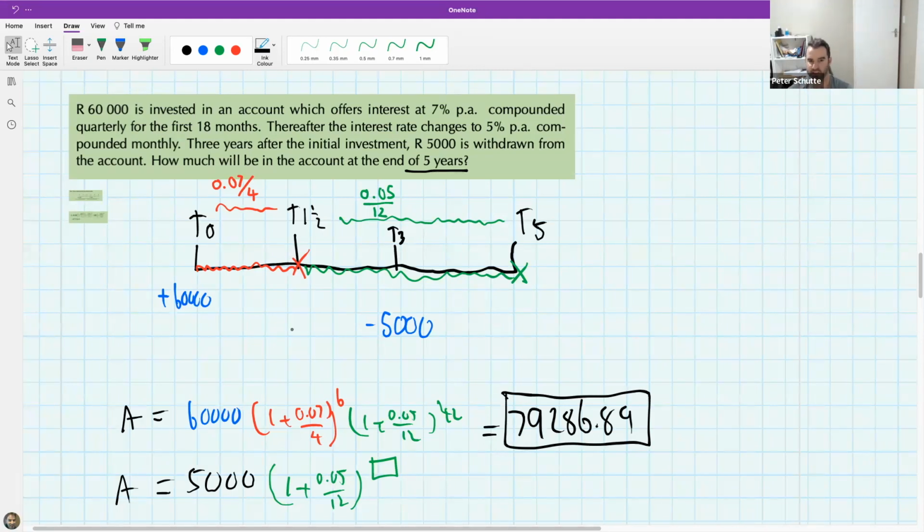Remember, we're assuming we just left it in, and now we're trying to take it out at the end. And if we're going to take it out in the end, it actually would have grown had it stayed. It actually has only 2 more years it would have stayed in the account.